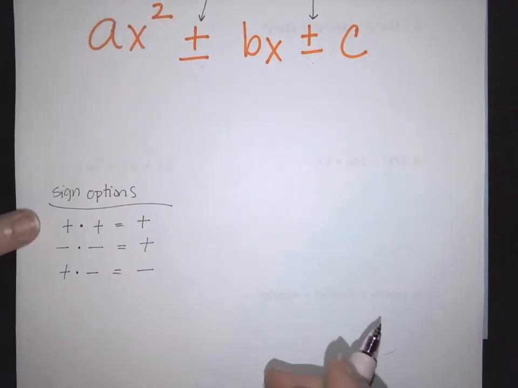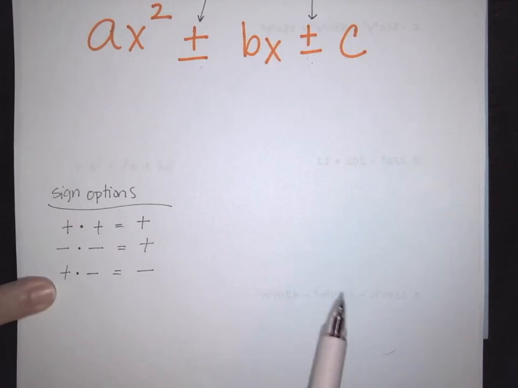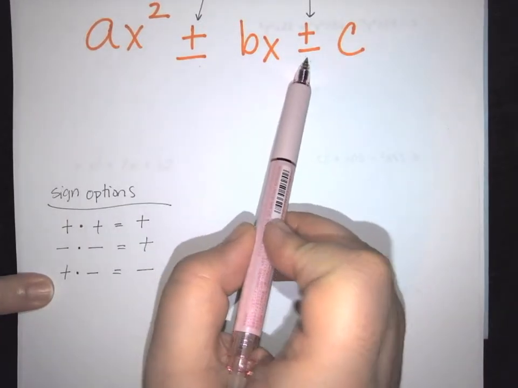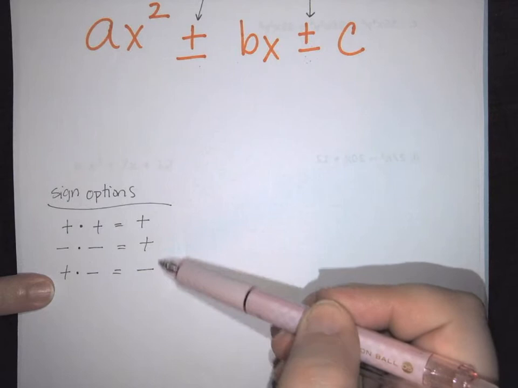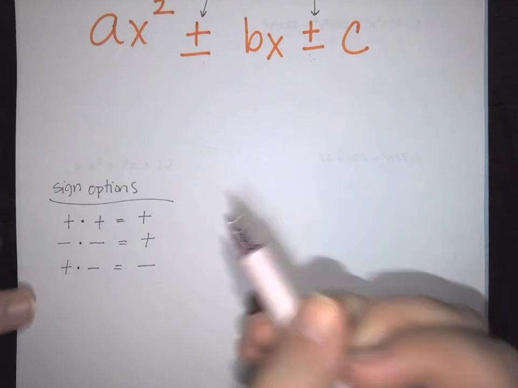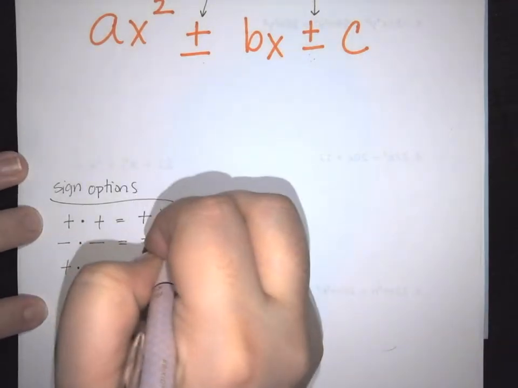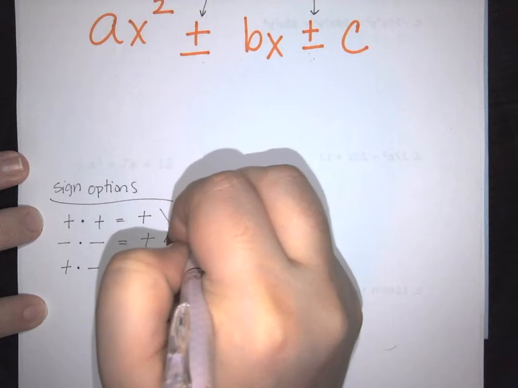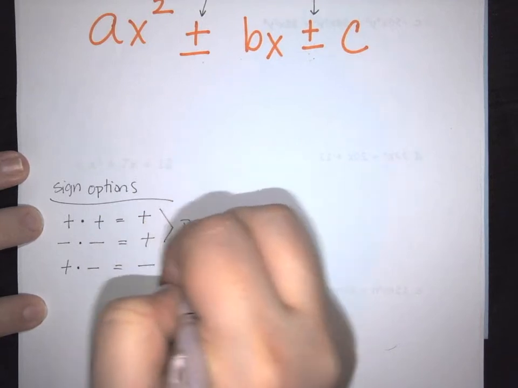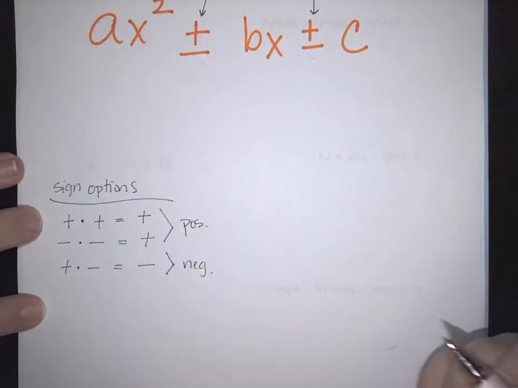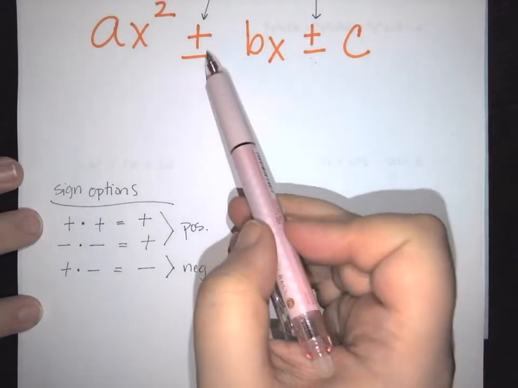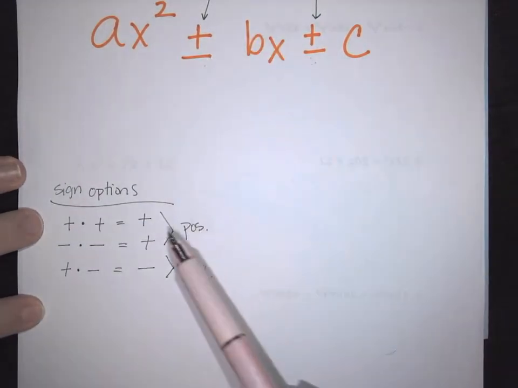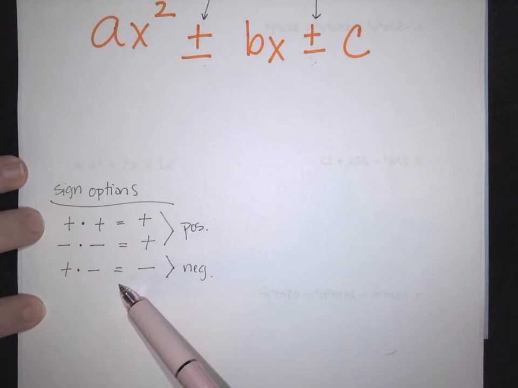So we actually have three sign options. This back term is going to tell you which part of your sign options you're going to be in, either here in your positive or here in your negative. Now the middle term is going to tell you which you must use.